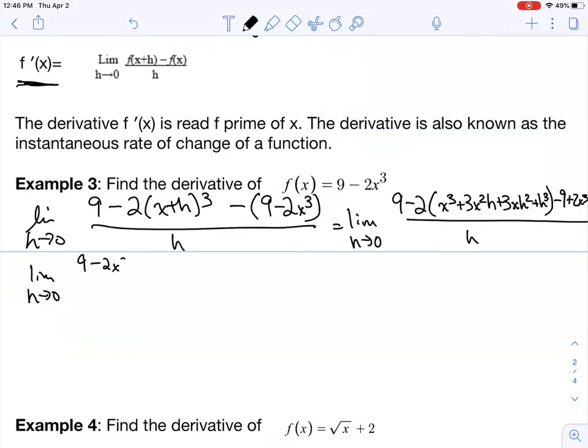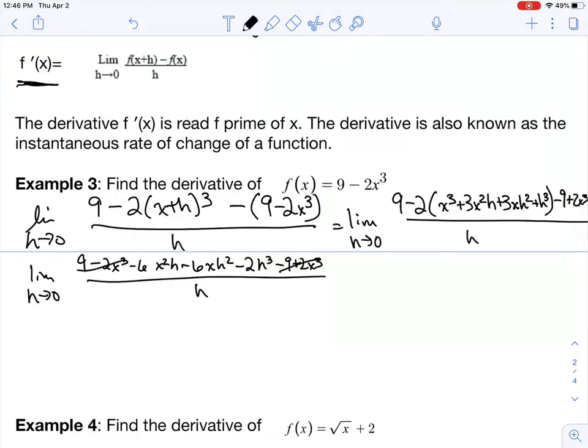9 minus 2x cubed plus 3x squared h, minus 6x squared h, minus 6xh squared, minus 2h cubed, minus 9 plus 2x cubed, all over h.